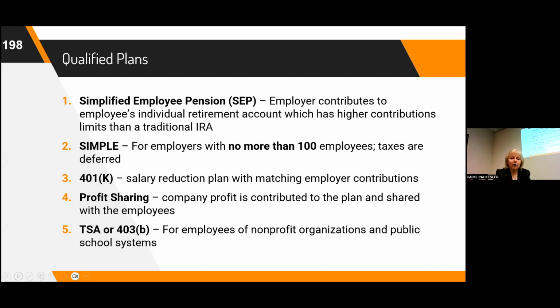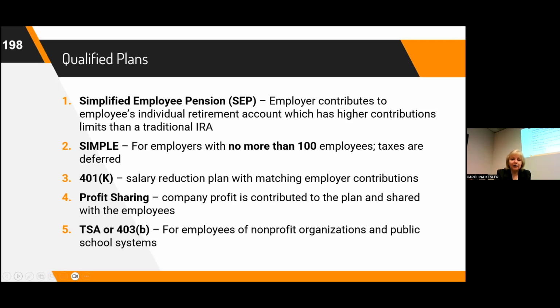It's for self-employed pensions. The employer contributes to the employee's individual retirement account, which has higher contribution limits than a traditional IRA. You can put a lot of money in these things, right? Same with the SIMPLE, for employers with no more than 100 employees. So you do a SIMPLE because you're not going to have employees at all, right? You're self-employed. The taxes are deferred and you can still put a whole bunch more money in.